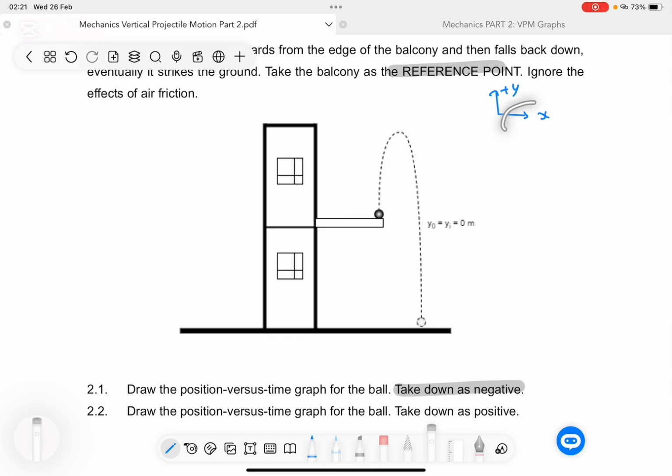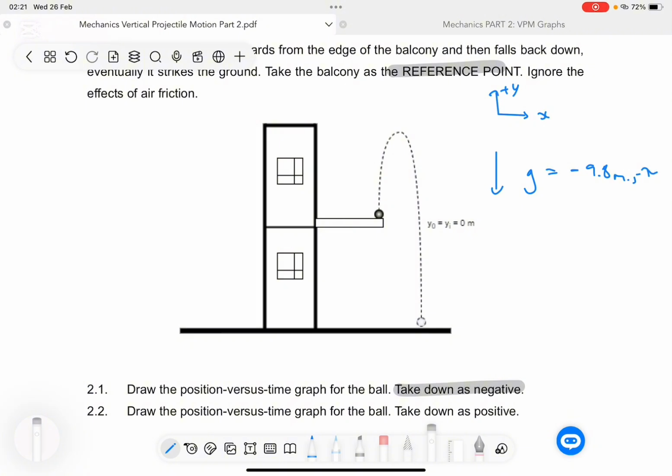We're not going to use it because our motion doesn't happen in the x-axis. Now our acceleration due to gravity g is going to be a negative 9.8 meters per second squared, because we chose down as negative and it is going in that negative direction.